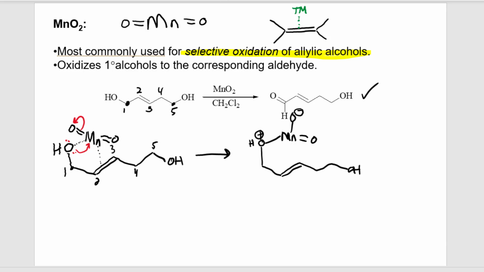There's potentially proton transfers, as we mentioned in previous oxidizing examples. This is just one of the ways that we could potentially think about this reaction. And then in solution, perhaps another one of the manganese that got attacked.